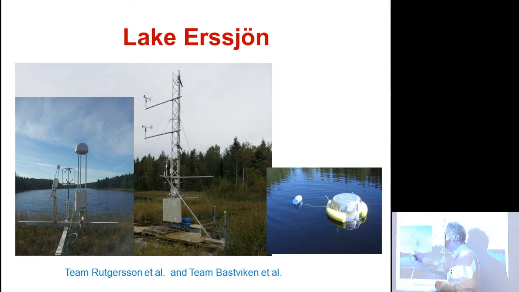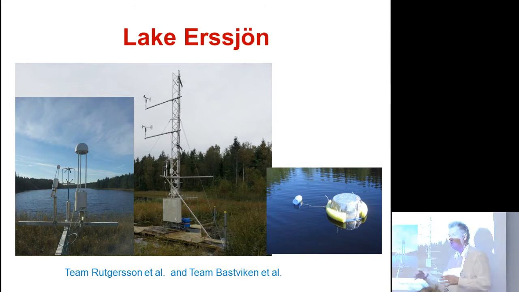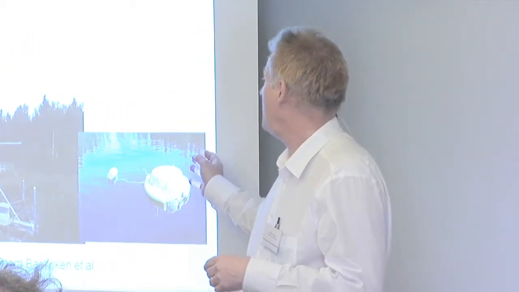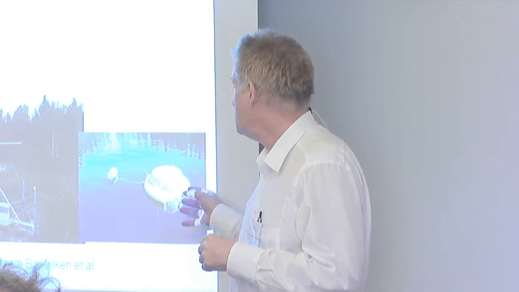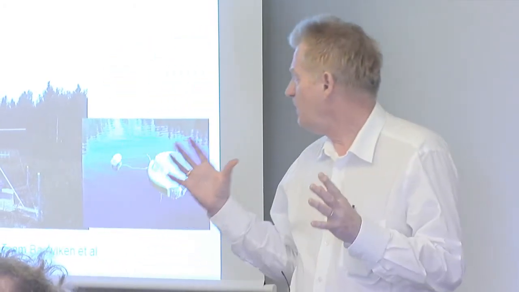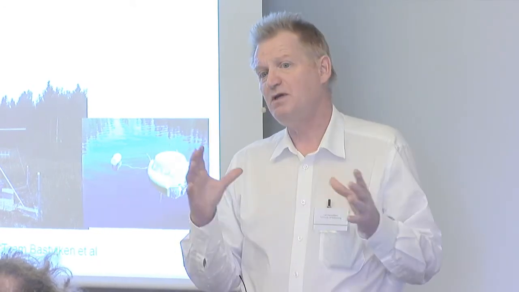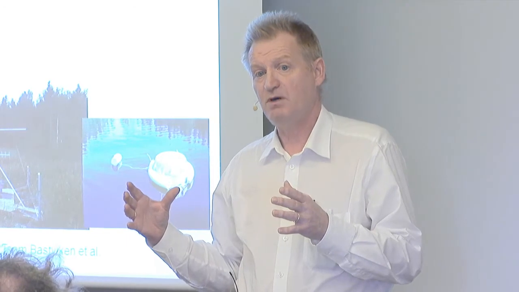We have sensors for measuring methane, CO2, and the wind. We also have equipment to measure the profiles in the water. We have floating manual chambers, and we have automatic chambers. And as you can see, there are several teams working at each of these sites. So this enables us to measure the flow directly when it comes out.